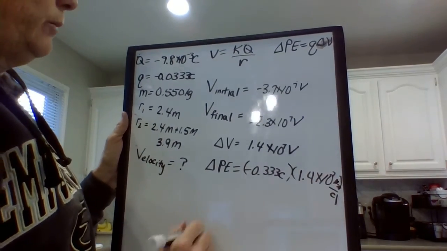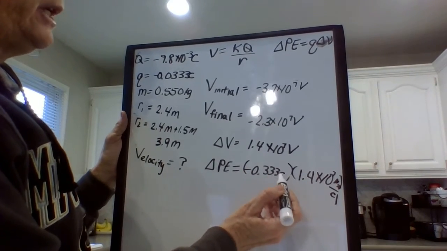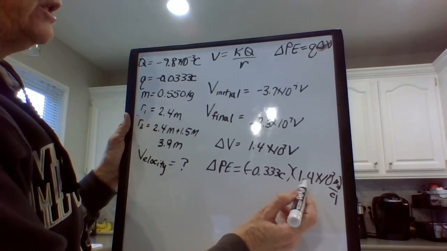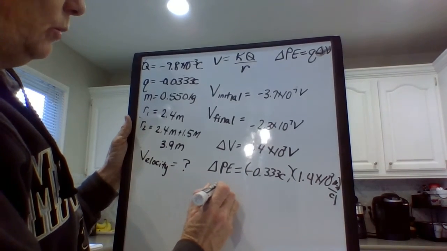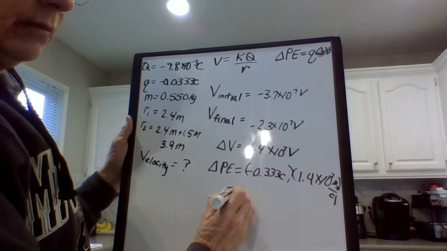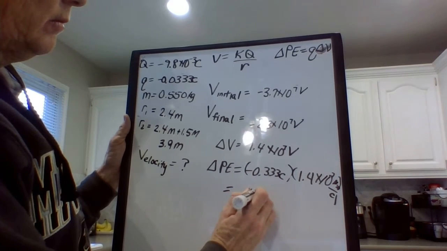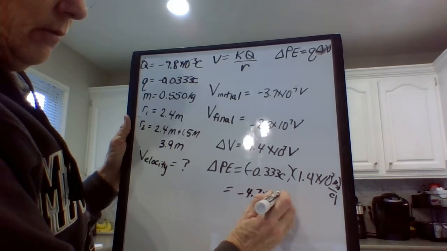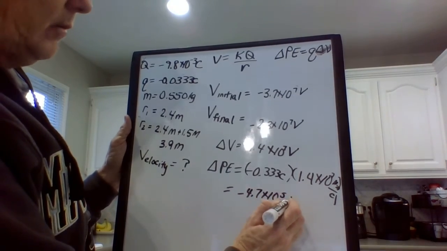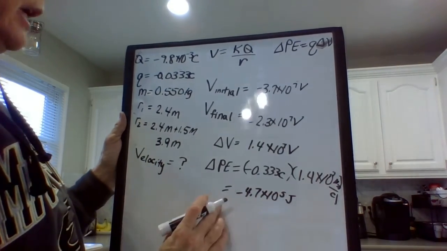So you see when you get the change in potential energy that the units cancel out and you will be left with joules.